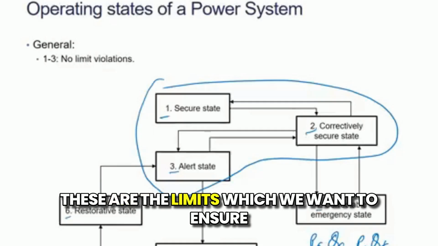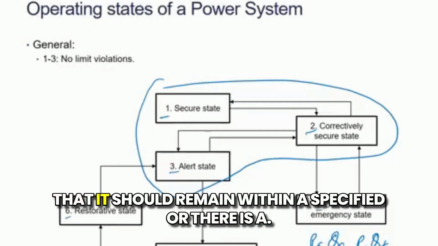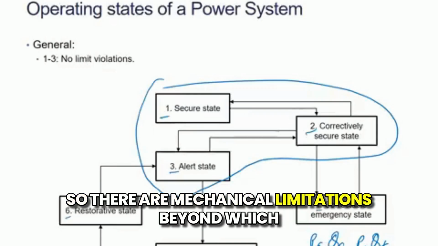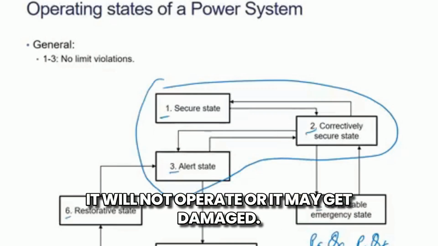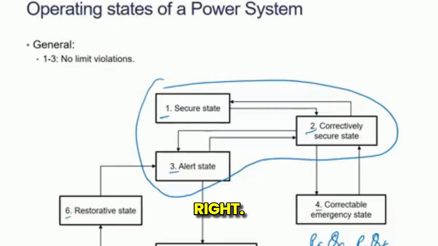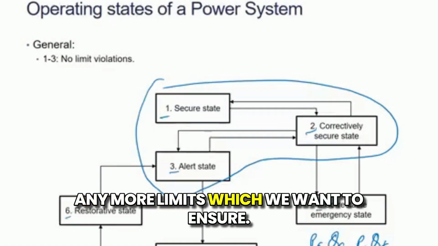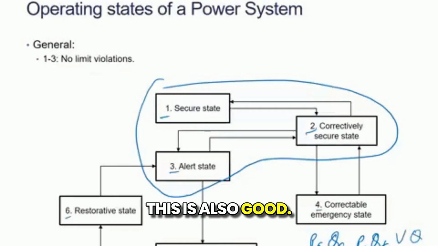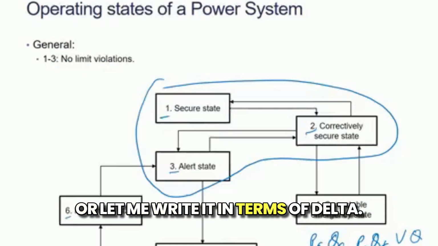These are the limits we want to ensure remain within a specified range, because these are mechanical machines and mechanical wires, so there are mechanical limitations beyond which they will not operate or may get damaged. Any more limits? Voltage magnitude and frequency. Good.